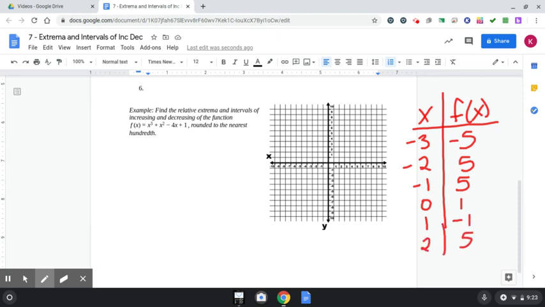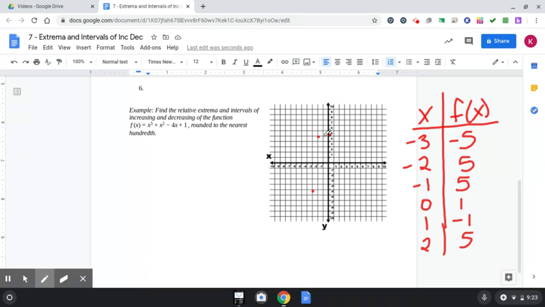Okay, so I'm just going to plot those points. -3, that's right there. -2, 5, 1, 2, 3, 4, 5 is up here. -1, 5 is over here.